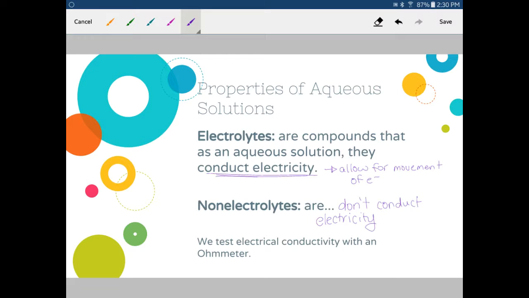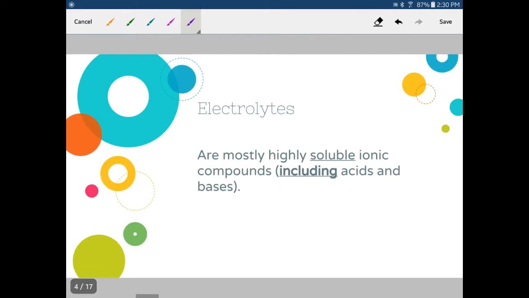They're highly soluble ionic compounds, including acids and bases. So we have ionic compounds, acids, or bases that are all considered to be in this group of electrolytes.